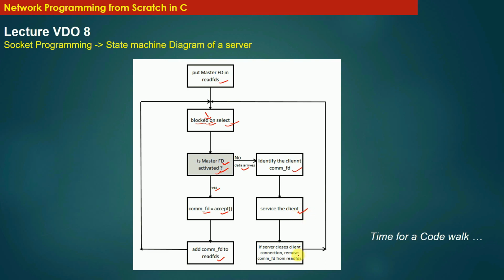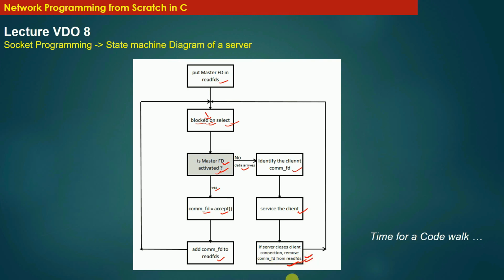Now, the server can choose, depending on certain conditions, whether to close the connection with the client and remove the client communication file descriptor from the read FDS. It will do so when the server no more wants to communicate with the client. So the connection termination can either be initiated from the server side, or the client can send a special message to the server. Having read that special message, the server can choose to remove the client from the read FDS set and close the connection forever with that client.